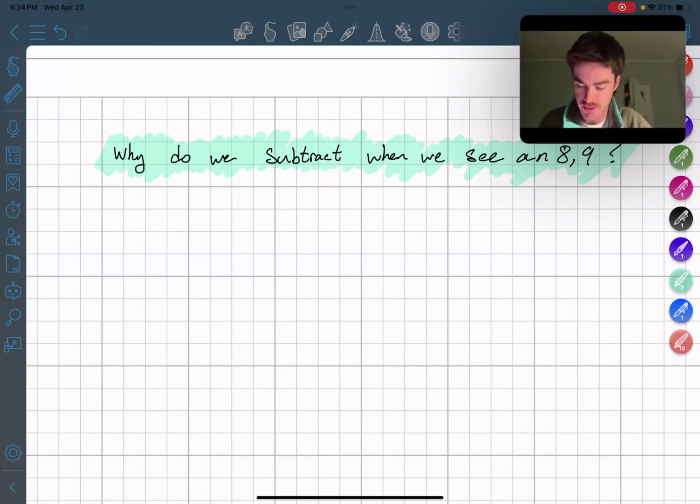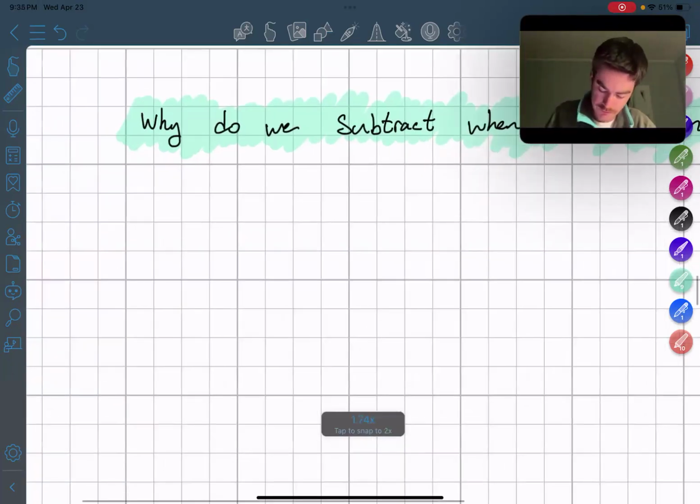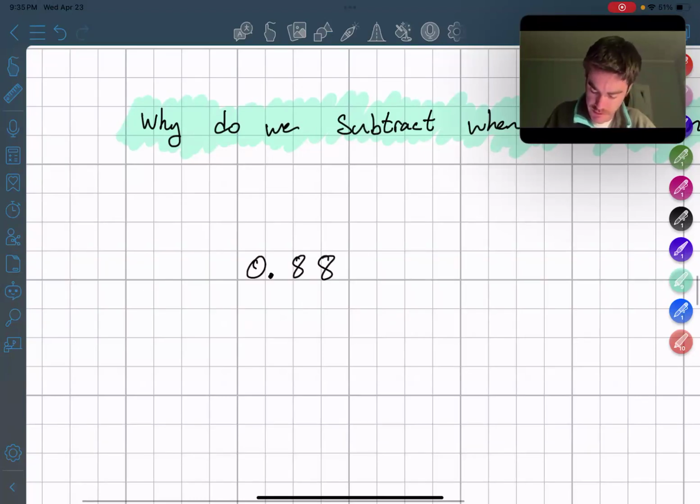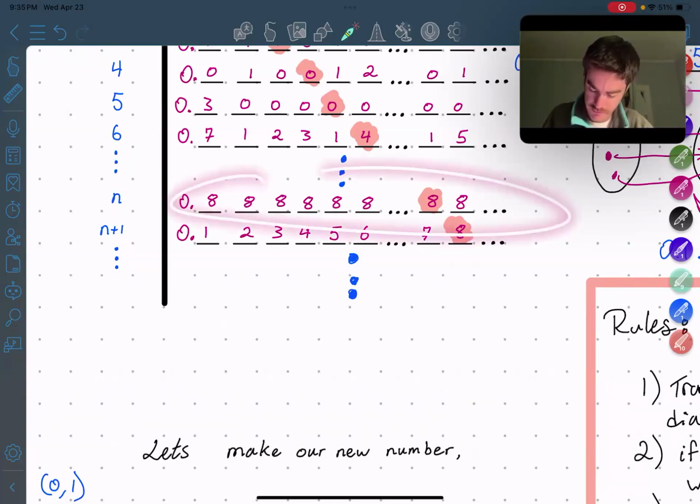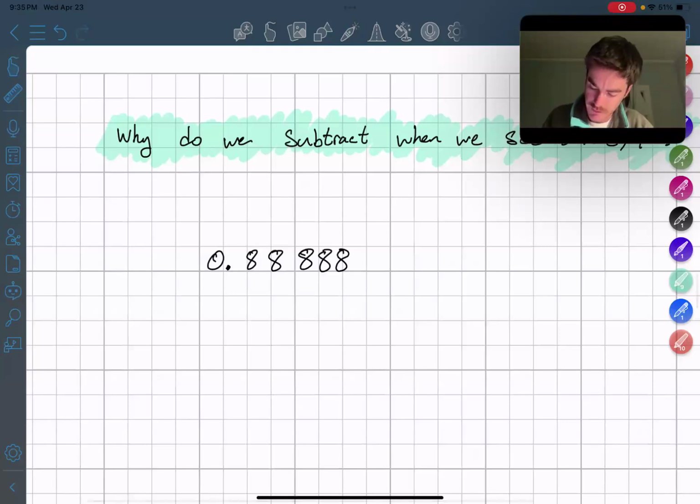8 or a 9. So let's say we have some number and it's 8 repeating. In fact, if you look above, I did have 8 repeating. This guy right here. And let's say all of a sudden, at some point, we start having 9 repeating.